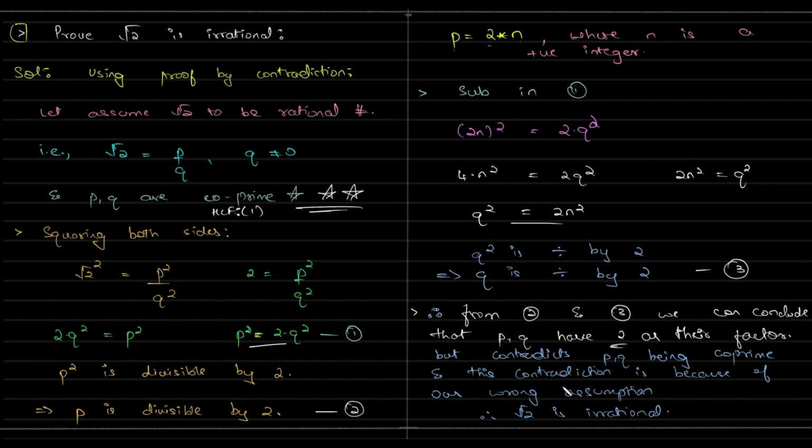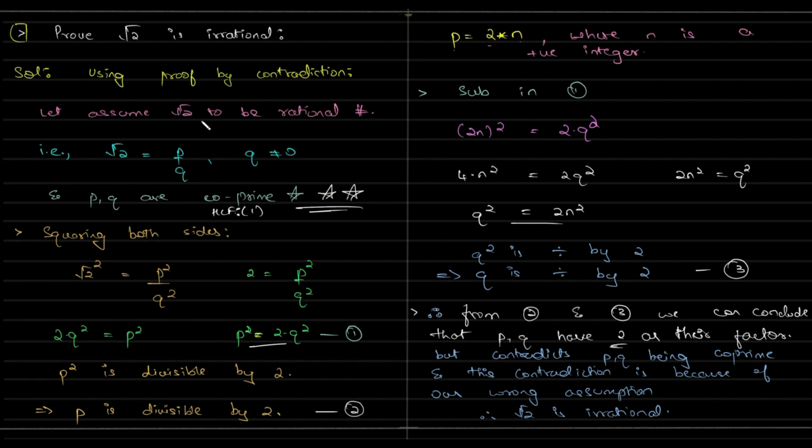Just that instead of root 2, it's root 5 or root 11. That's it. It's quite simple, and this is the only kind of question you'll get. Everyone finds this tough, so just go through the syllabus.